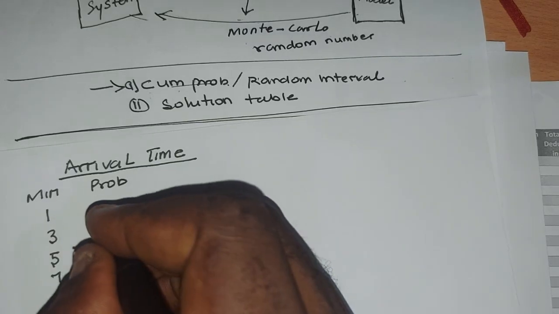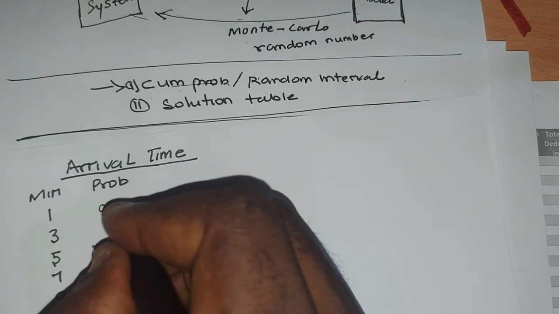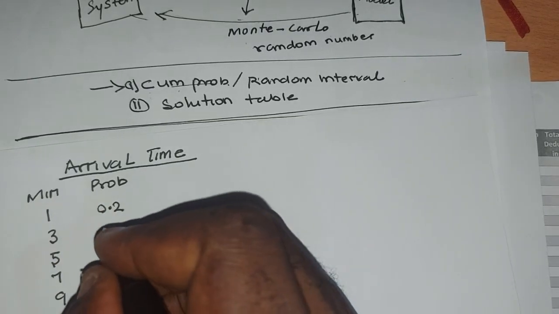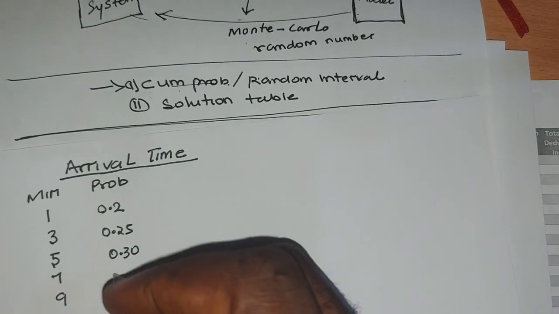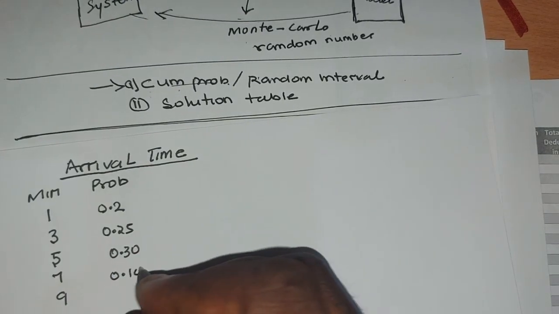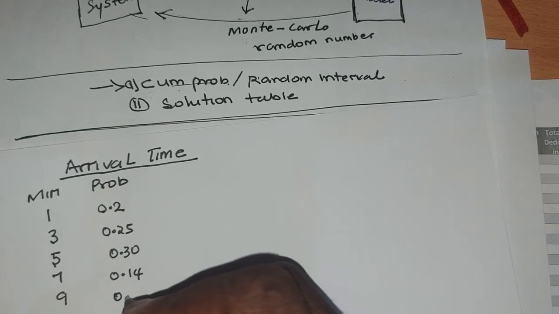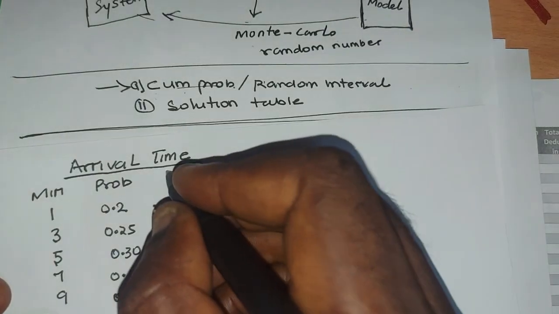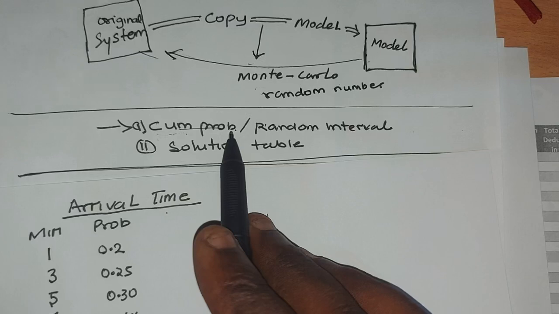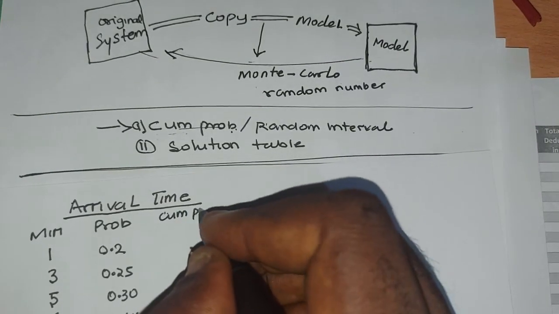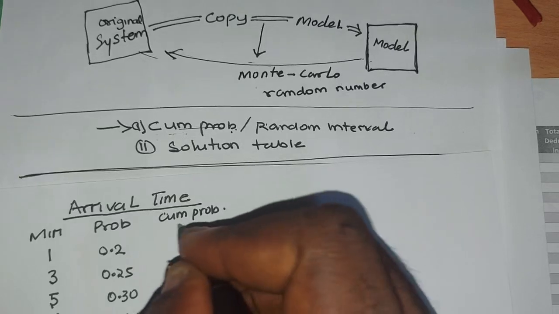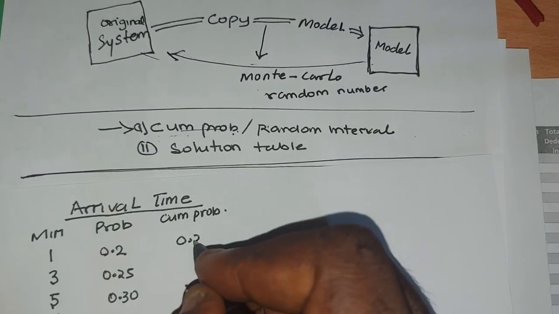So we have 0.20, 0.25, 0.30, 0.14, 0.11. Then, like I said, you compute the cumulative probabilities. We have 0.20.